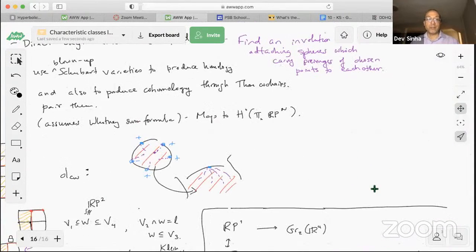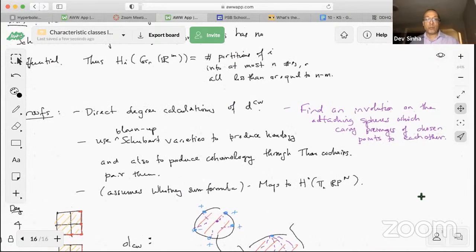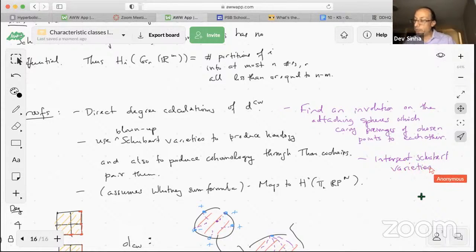That's the only one of the three that's complete. The other two are roll-up-your-sleeves proofs: calculate the differential by finding an involution, and intersect Schubert varieties. You have to pick alternate flags, Schubert varieties between different flags.